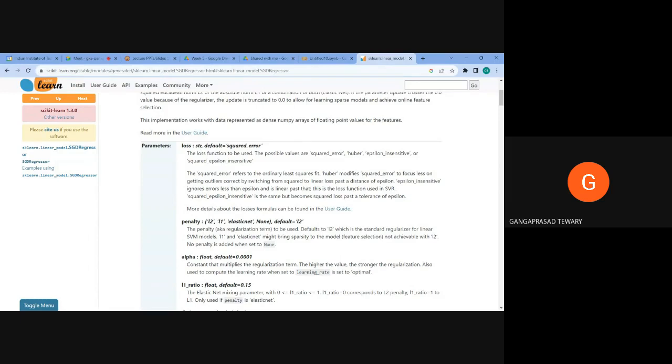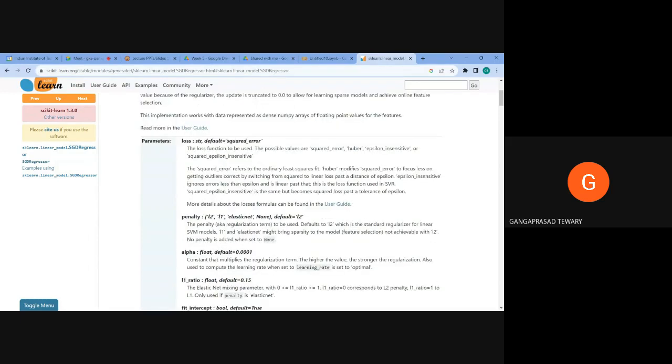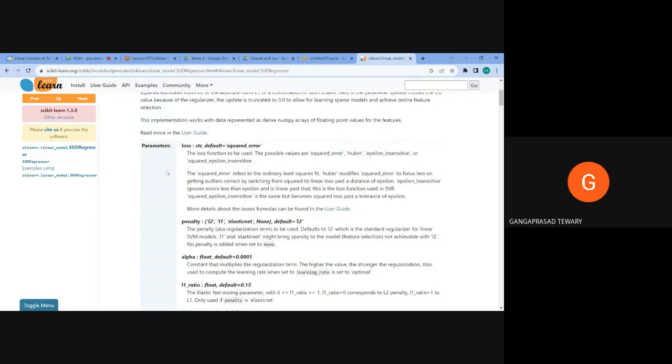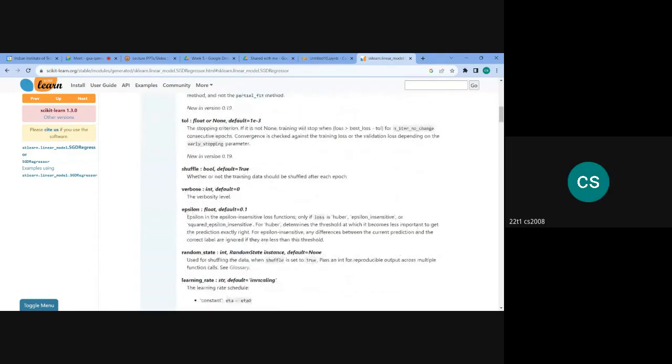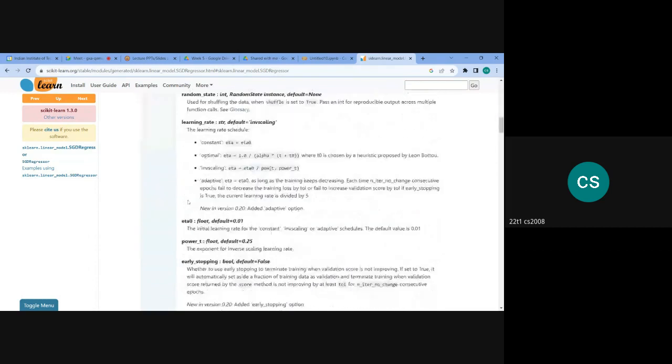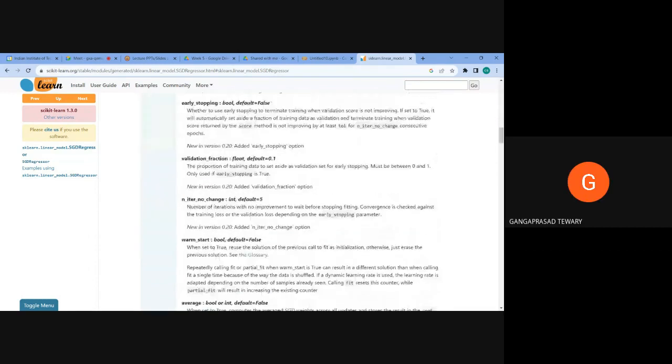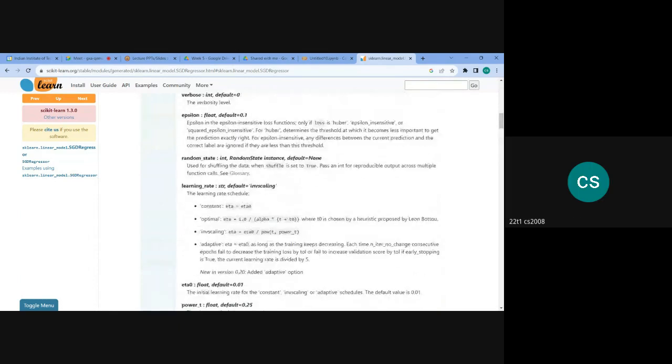Just a small doubt. I think in SGD or logistic, somewhere we use refit equal to true or refit equal to false. So what does refit stand for? Refit, R-E-F-I-T. I guess we use refit in SGD only.